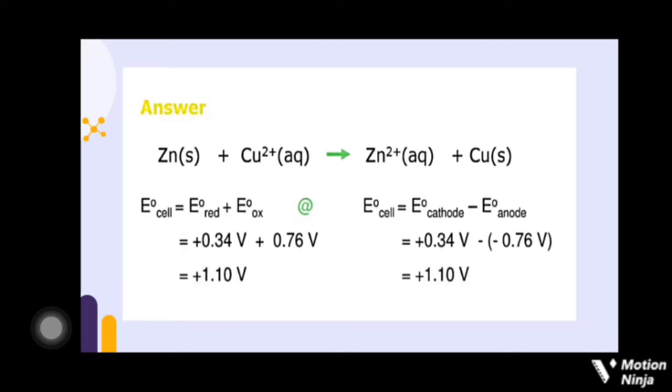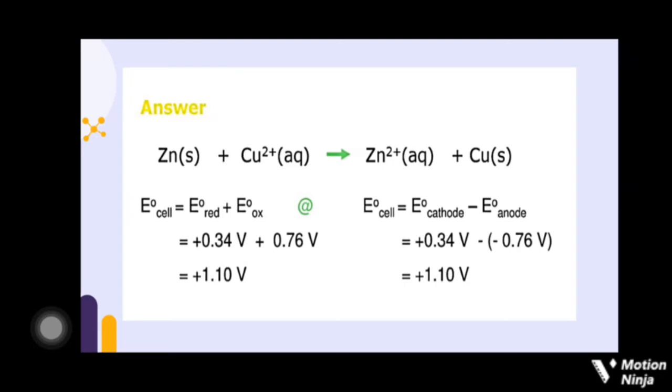Okay, here we are going to have example number 1. Calculate the E cell for the following cell. Here we are given the overall cell reaction of zinc and copper, where zinc has a concentration of 0.02 mole and copper has 0.40 mole.